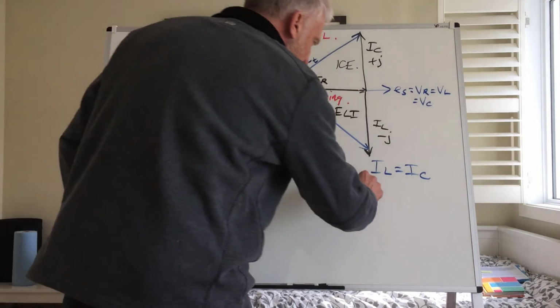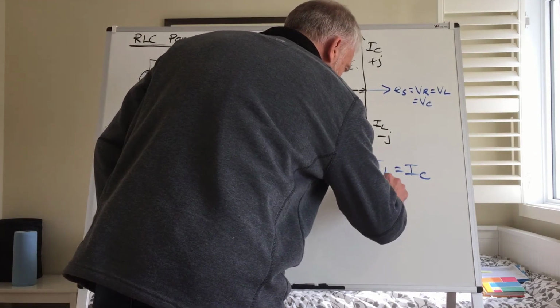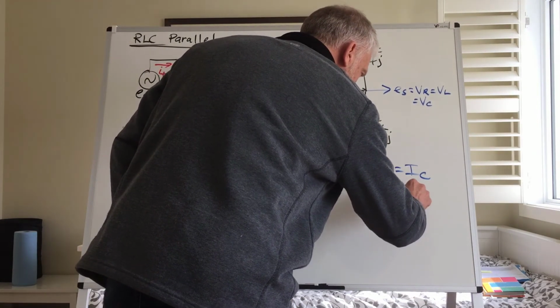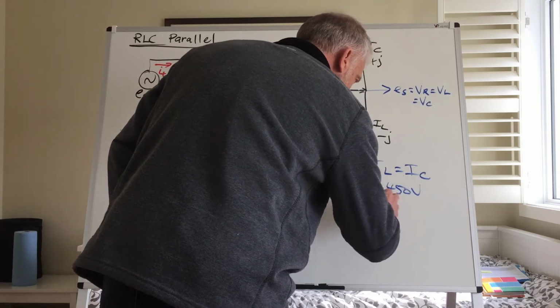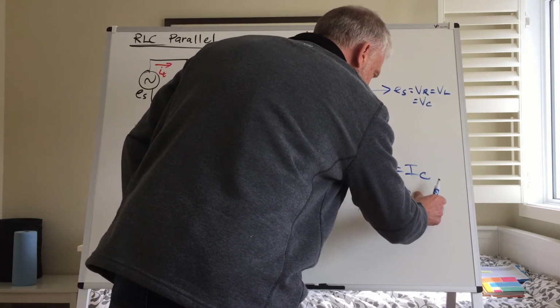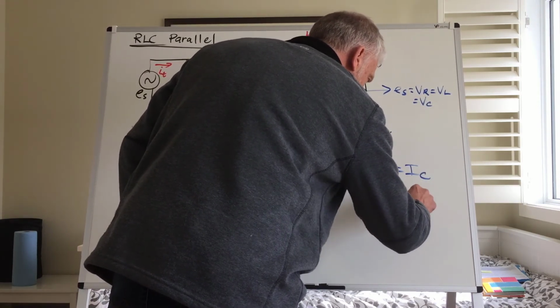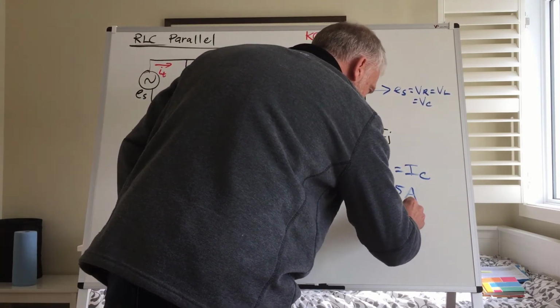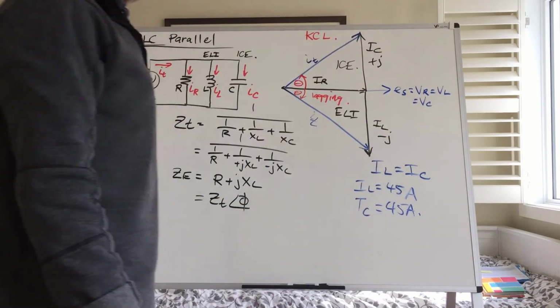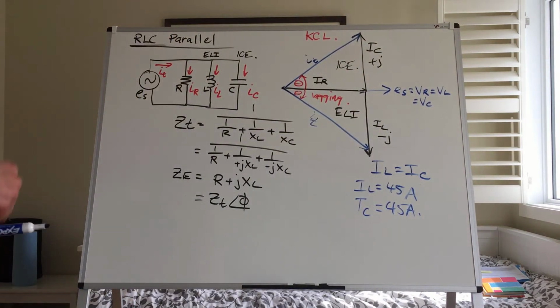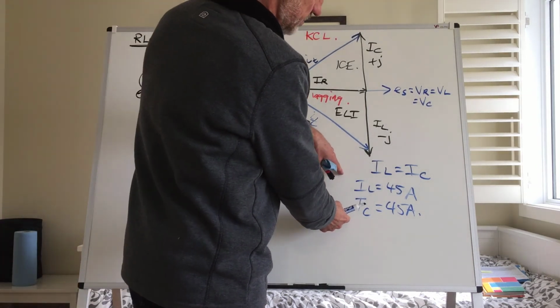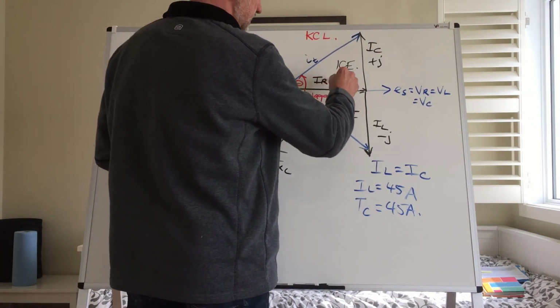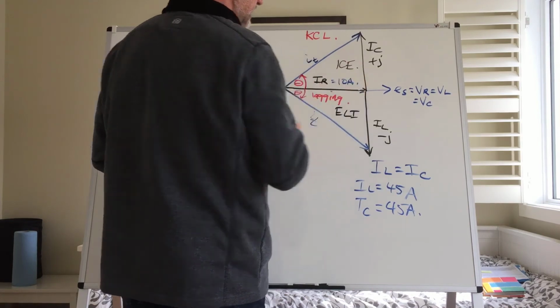Let's say that IL was equal to 45 amps. IC is 45 amps. We're working with current here. So you've got two currents of 45 amps and IR, let's say, is only 10 amps.